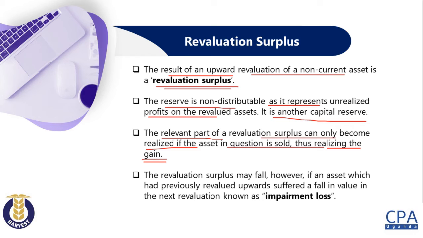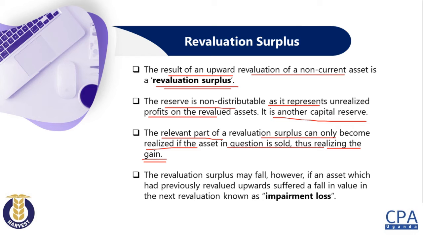These ones are known to increase in value. So if you find that at the end of 1 year or 2 years or 3 years, the value of your assets has increased over and above the cost, then that increase in the value, if you follow the revaluation model, is going to be taken to the revaluation surplus account.